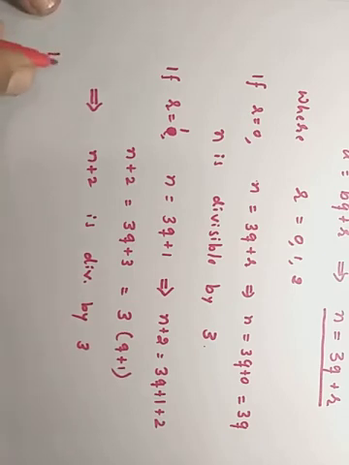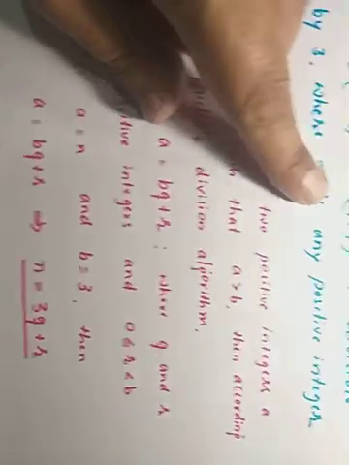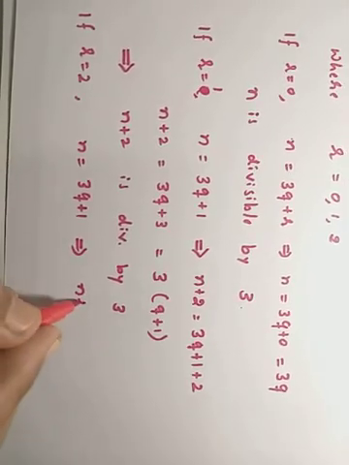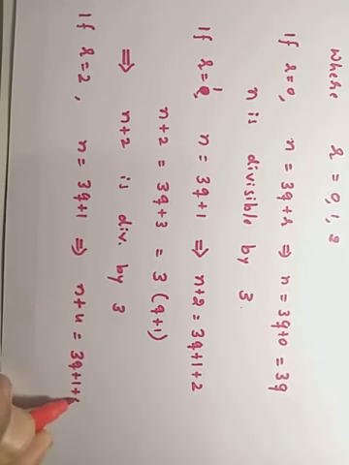And finally, if r is equal to 2, we take n is equal to 3q plus 2. But in this case, we need to discuss whether it is n plus 4. We will have to see this. Therefore, we will go for adding 4 to this. We have n plus 4 is equal to 3q plus 2 plus 4.